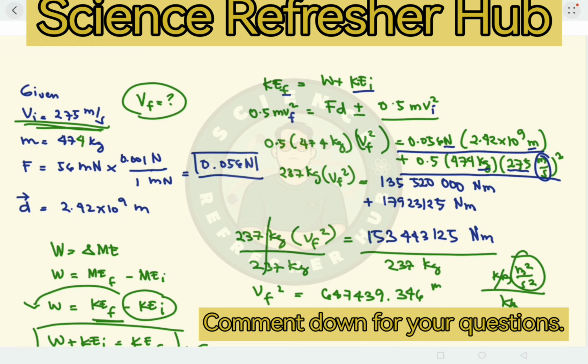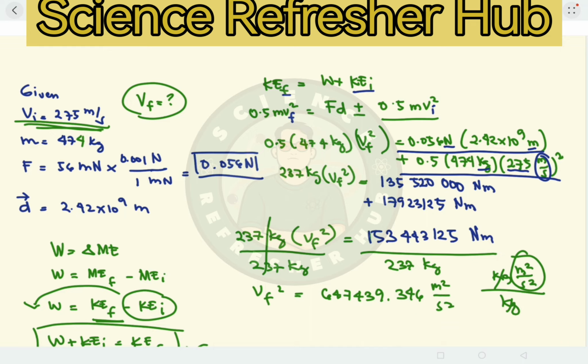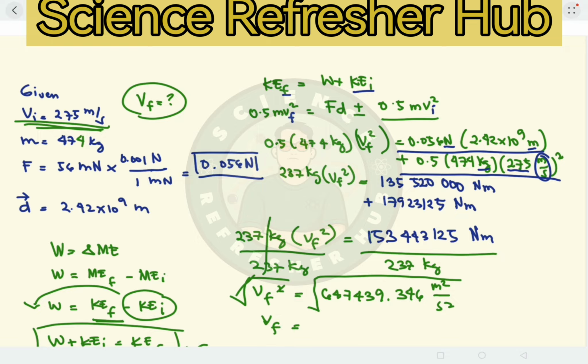Cancel kilogram. The remaining unit is meter squared per second squared. We will get the square root of each side because we need to isolate VF. Cancel the radical and the square. VF is equal to the square root of our answer.